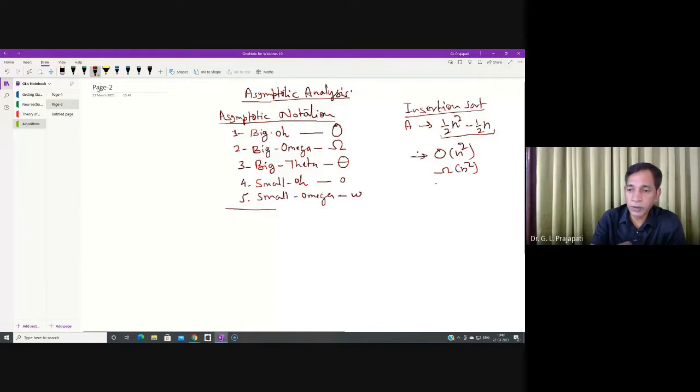If you say you have big theta of n square, it has a different intuition. So every notation has different intuitions, and you need to know that before you represent these notations when analyzing algorithms. So let us see them one by one.